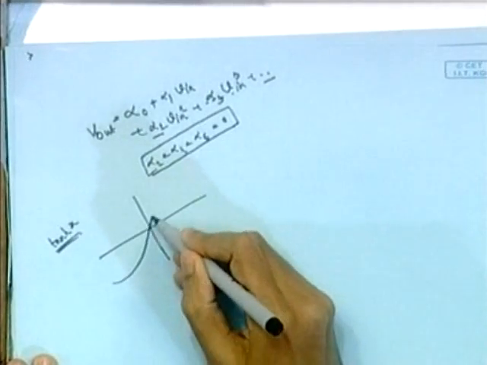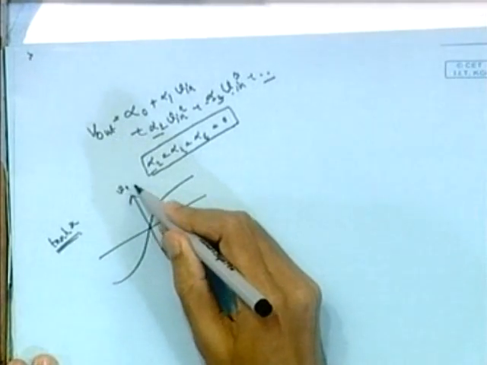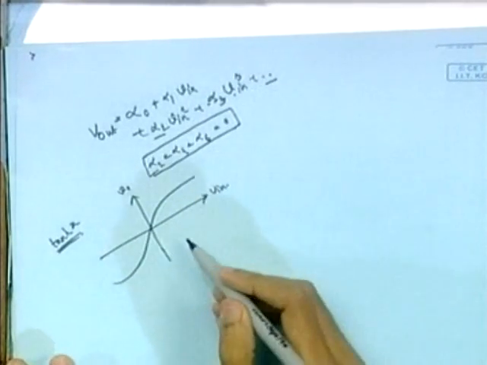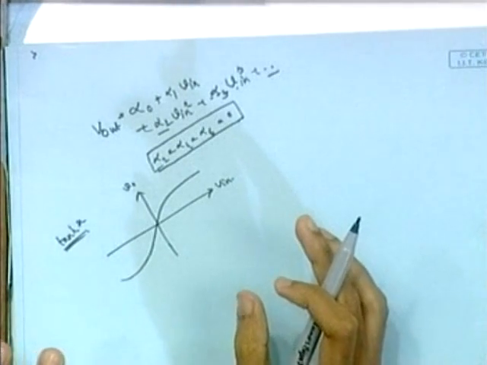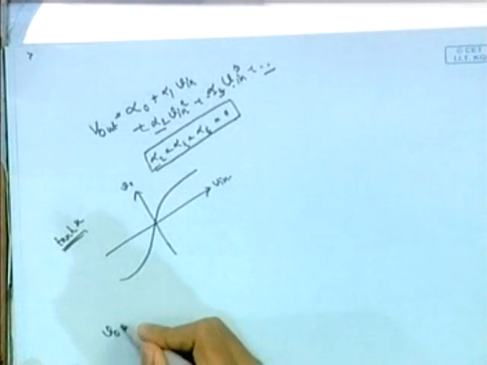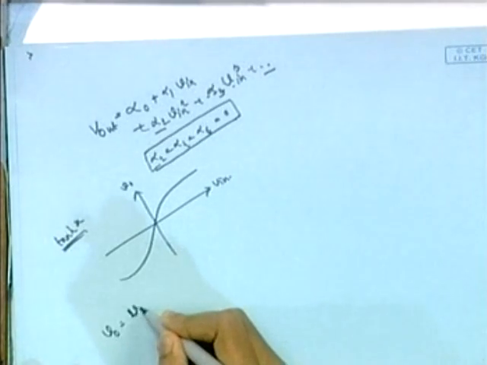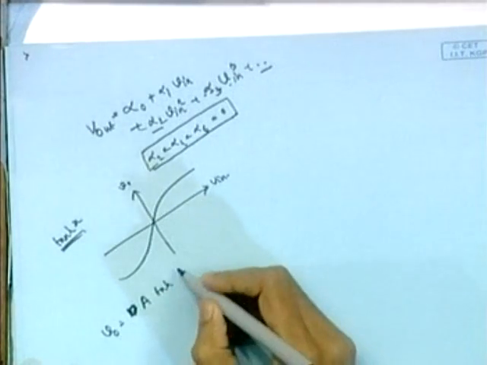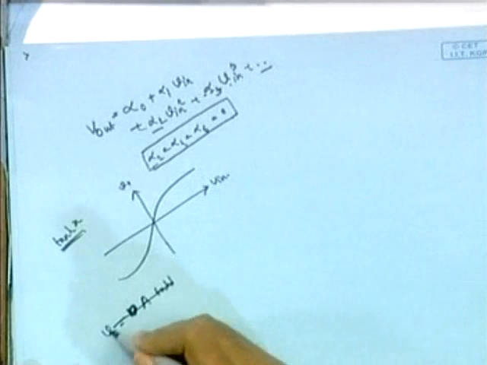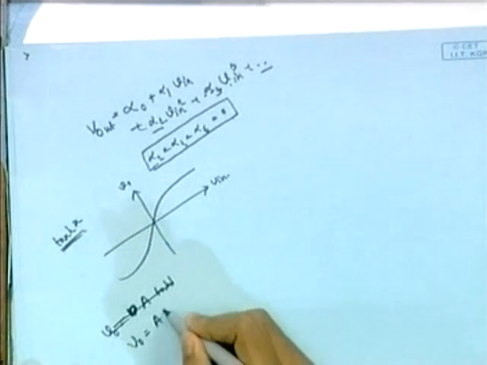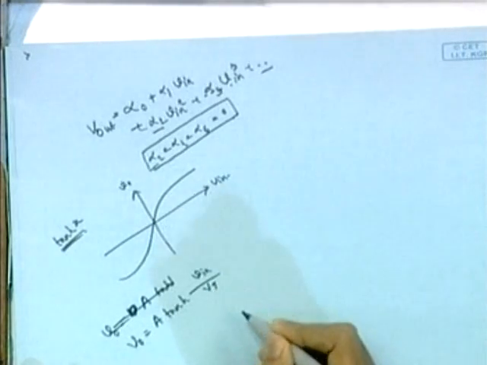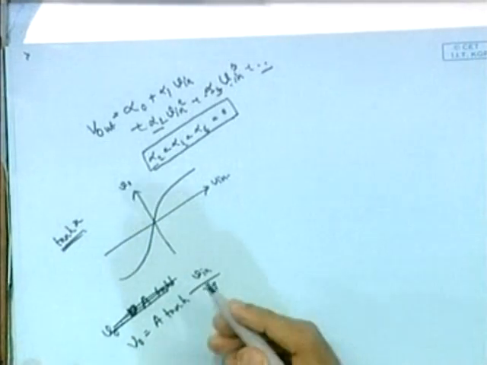It will be like this. This is output, this is input, and it can be shown that if we use BJT input devices, then our output is some constant A times tan hyperbolic of V input divided by Vt, where Vt is the thermal voltage, kT by q or something like that.